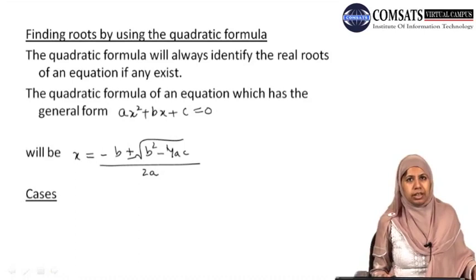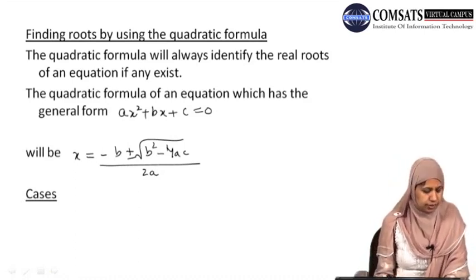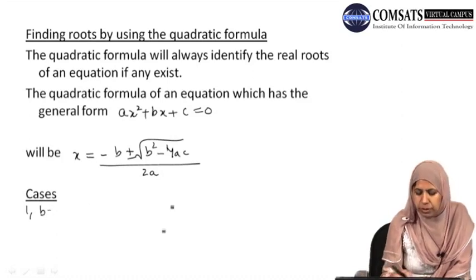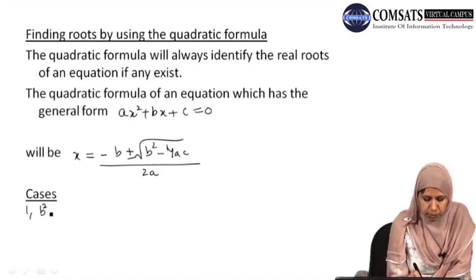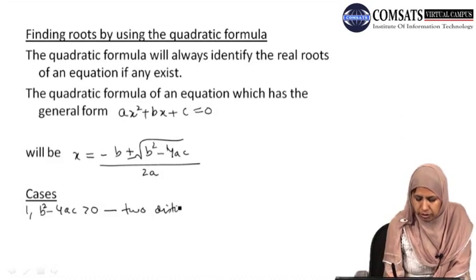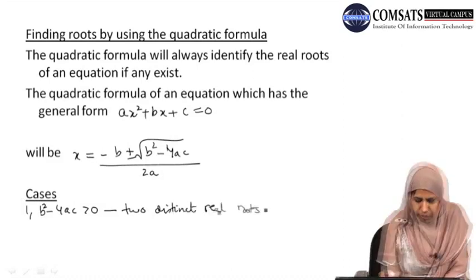And here we have three cases. The first case is when the term under the root, b square minus 4ac, is positive. We obtain two distinct real roots.